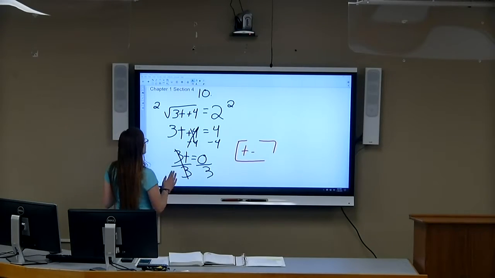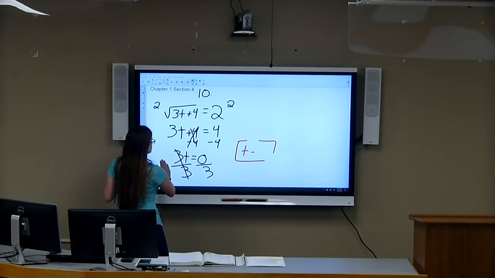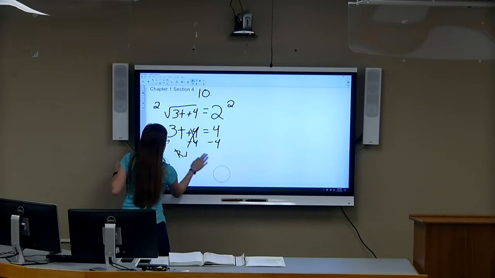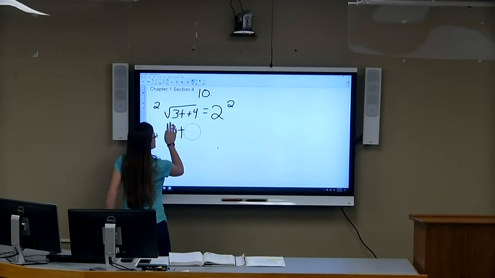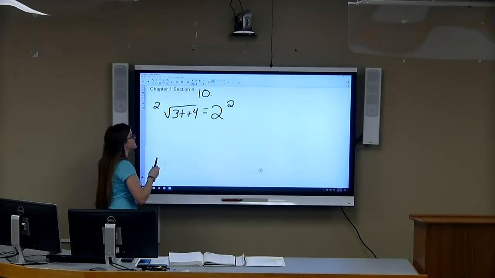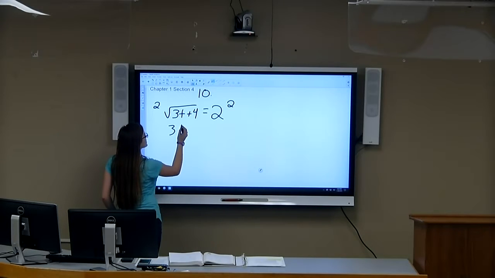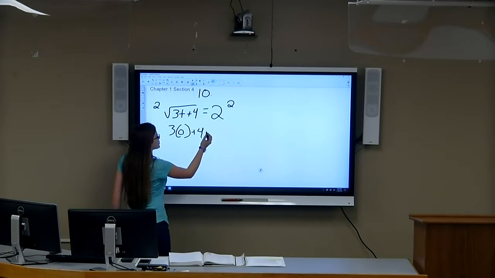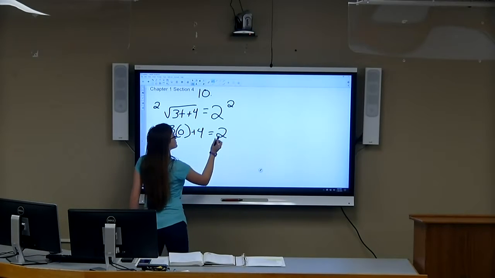Okay, what he wants you to do though, after you get your solution, is to plug it in. So that's going to give you the square root of 3 times 0, plus 4 equals 2.